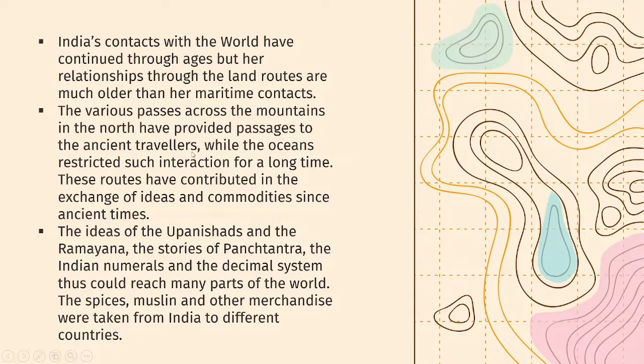When oceans were restricted for a longer period, when people were not allowed to travel into the seas, people traveled on land, and the ancient travelers themselves created a path like that. These routes also contributed to the exchange of ideas and commodities.